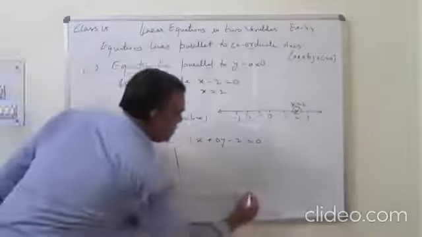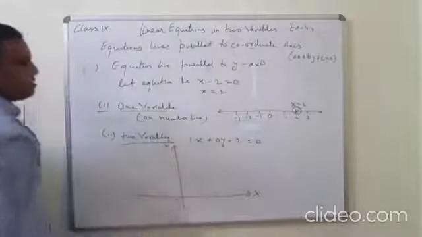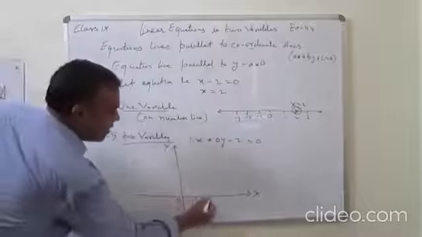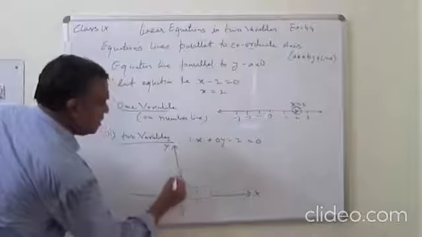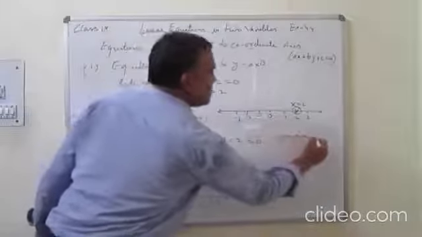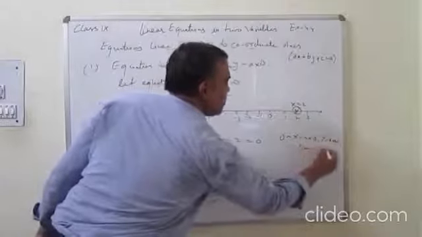Draw a Cartesian plane, x-axis, y-axis, intersecting at the origin. Now mark 1, 2, minus 1, minus 2 on both axes. Taking the scale on x-axis and y-axis as 1 centimeter is equal to 1 unit.